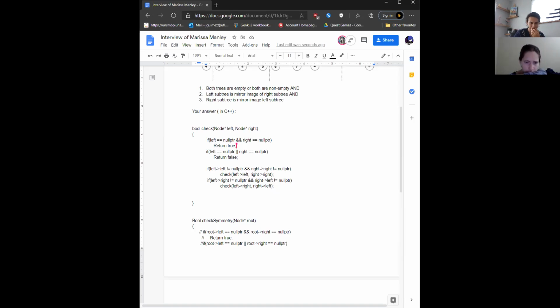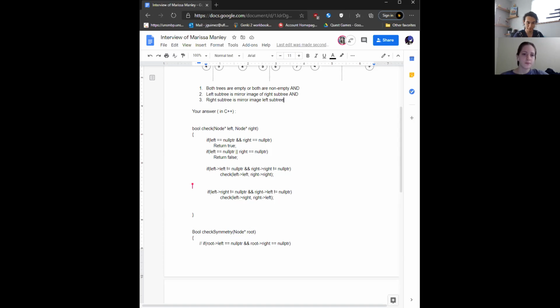Okay, now left subtree right is not null pointer, and right subtree left is not null pointer. Technically, if this were to be correct, before I move on to this one, I'm gonna pretend something's over here. I will say though, your check method is extremely close to correct.